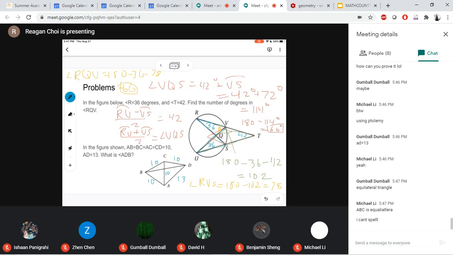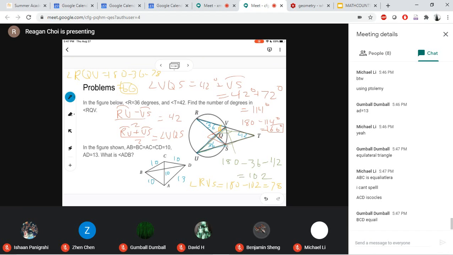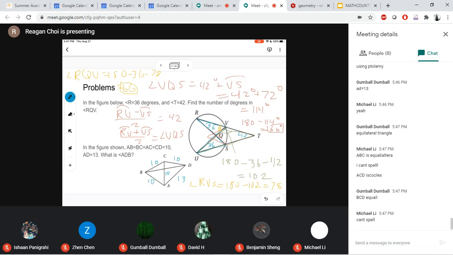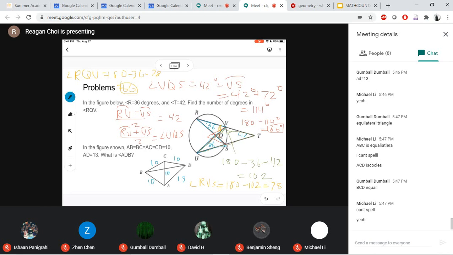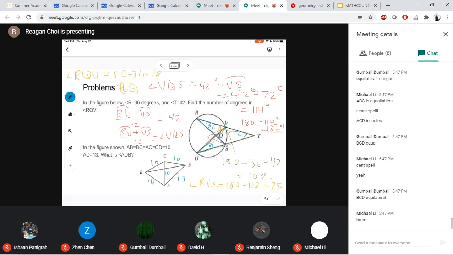That's true. ABC is equilateral, so that means the angles are all 60 degrees. Can you find any circle to draw? ACD is isosceles, yep. BCD is also isosceles, yeah. Can you find a circle somewhere, somehow?